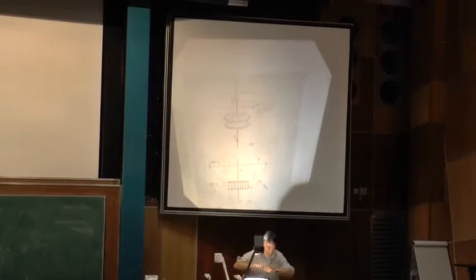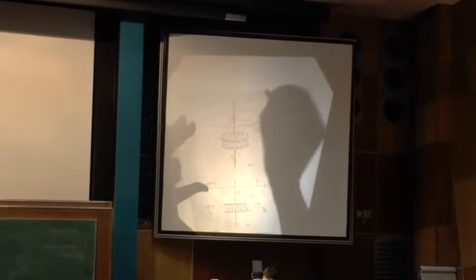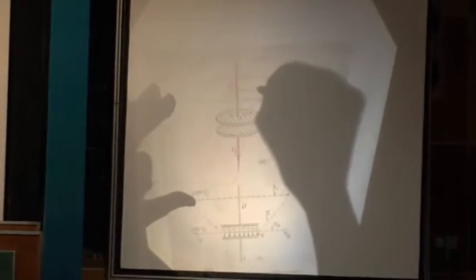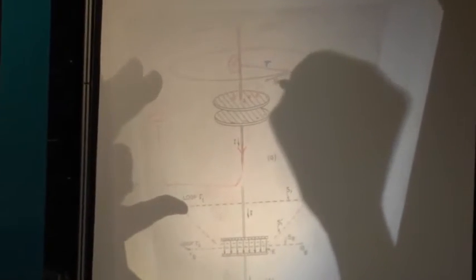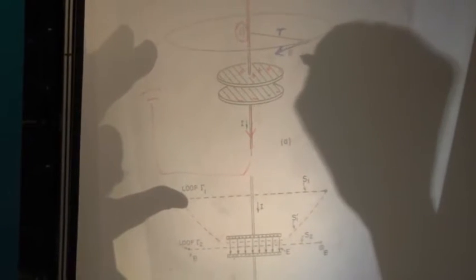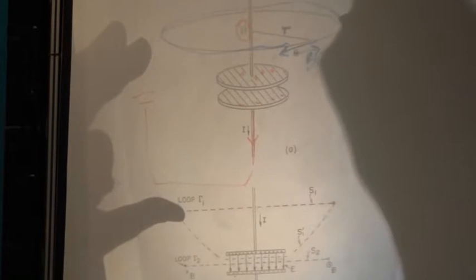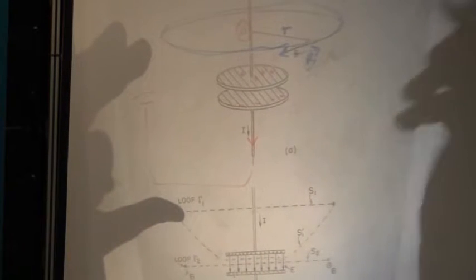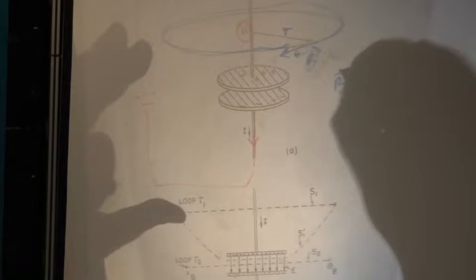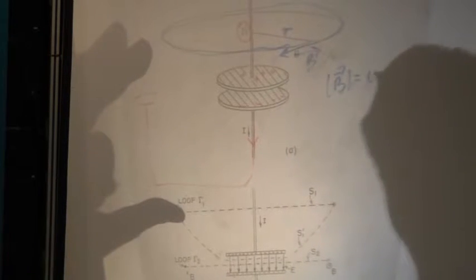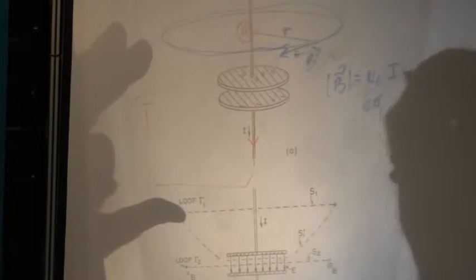So the problem with this is, well, we've already done this by Ampere's law. Here's a loop of radius r, and we know that there's a magnetic field B circulating around the wire, and we already did the derivation that the magnitude of B is equal to mu naught over 2 pi, I over r.